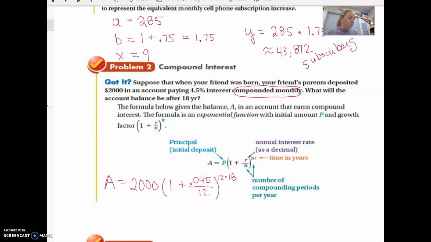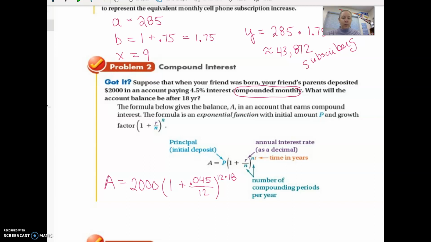It is better if you work it out in pieces versus trying to type all of that in at once on your calculator. So I would suggest you do inside the parentheses first. I would do 0.045 divided by 12.